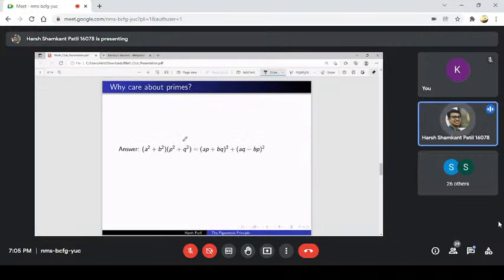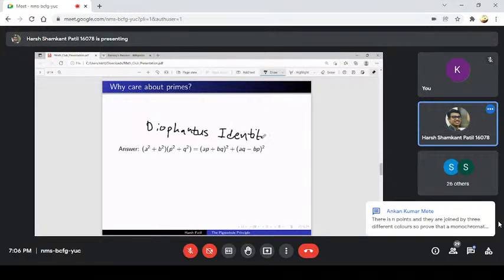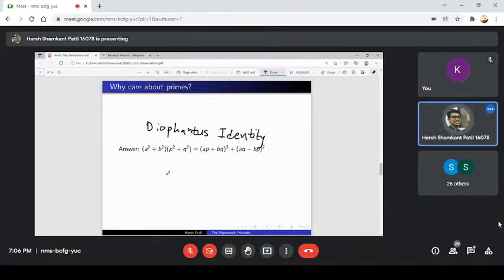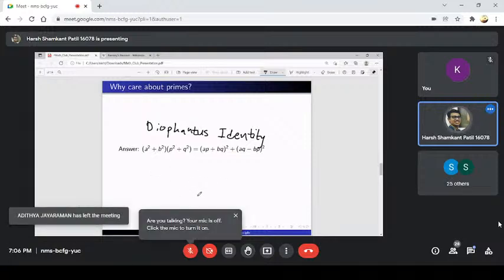This is called Diophantus's identity, and what it gives us is that if we have two numbers which are both sums of two squares, then their product is also a sum of two squares. You can verify this identity by just using high school math.